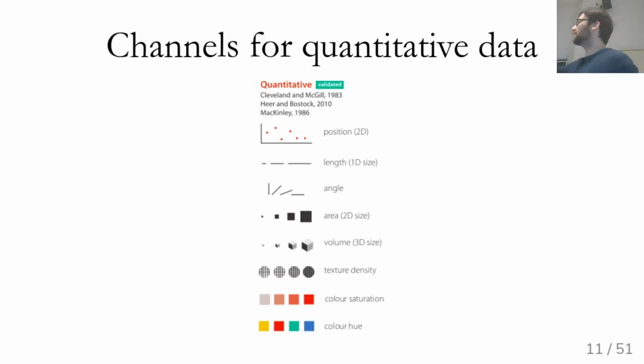3D is even harder, and color hue is at the very bottom of this hierarchy, and color hue is something people love to use because it's very easy to use. So one of the important things is really don't use color hue for quantitative data if you can avoid it.